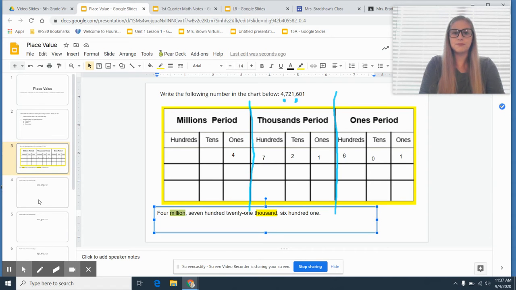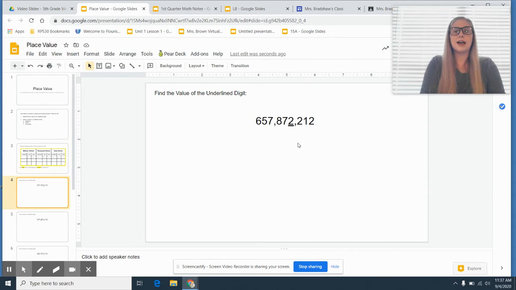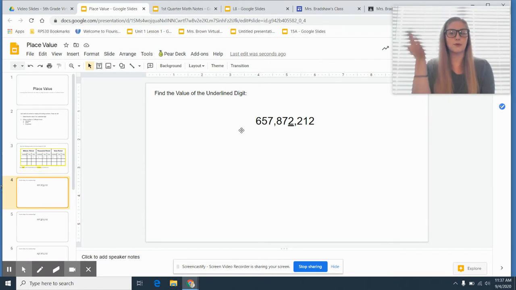So today we are going to find the value of the underlined digit in this number. So if I remember how I did it last week, I'm going to try to read this number. I have 657, there's a comma, 872,212.